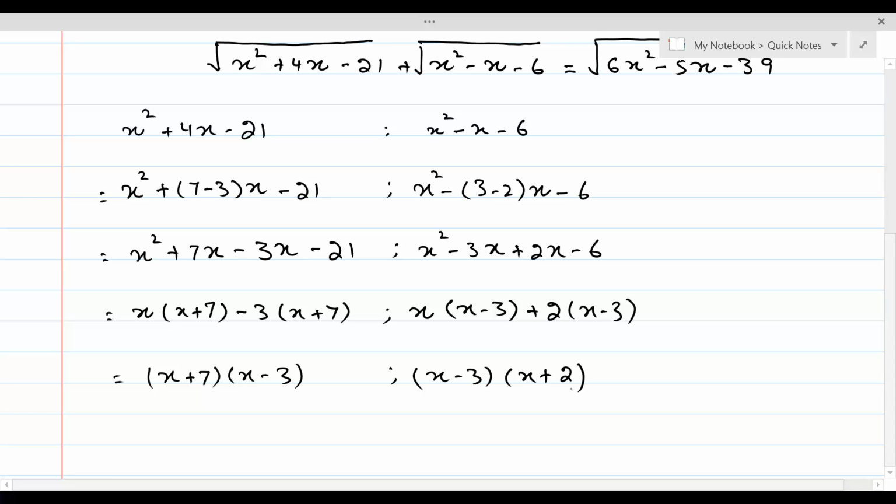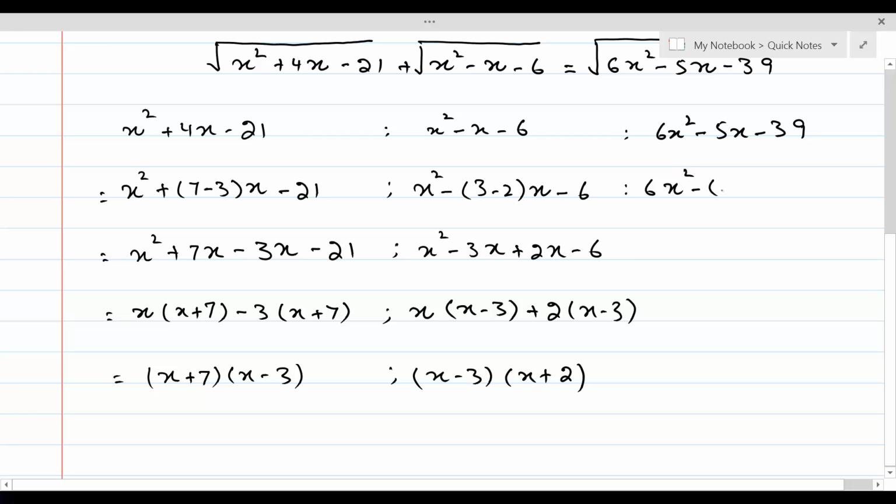Now similarly, let's factorize the third expression, which is 6x squared minus 5x minus 39. Again, AC is a negative number. Therefore, we must find two factors of the product of 6 and 39 whose difference is equal to 5, and those are 18 and 13.